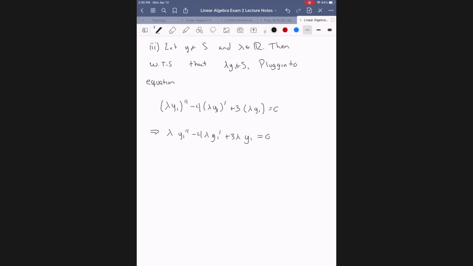Can I conclude it's 0 yet? What can I do? Yeah, factor out the lambda. y1'' minus 4y1' plus 3y1 is equal to 0. And what do I know about this?